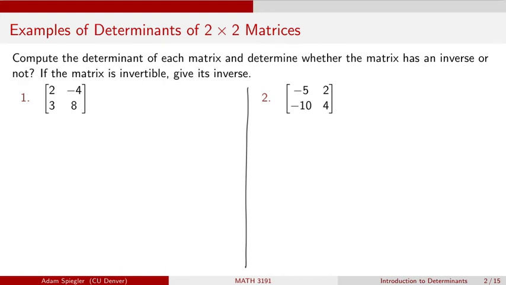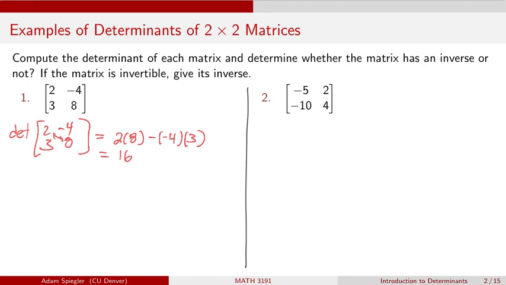By definition, we take the product of the diagonal entries, which is 2 times 8, and then subtract the product of the off-diagonal entries, which is -4 times 3. This gives 16 plus 12, so altogether we have a determinant of 28.